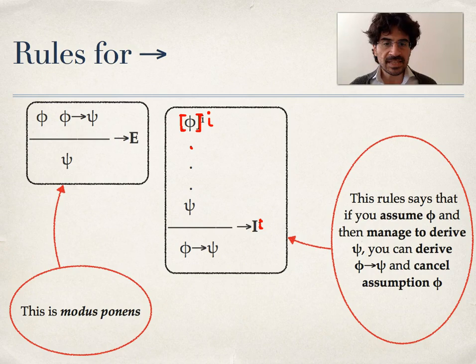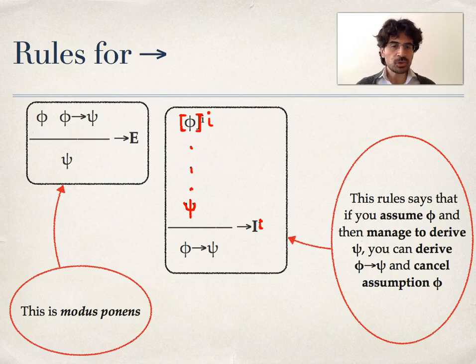Now these dots here simply mean that from assuming phi, by applying some other rules of natural deduction, you have come to the formula psi. And therefore in the next line you can derive the implication phi implies psi.